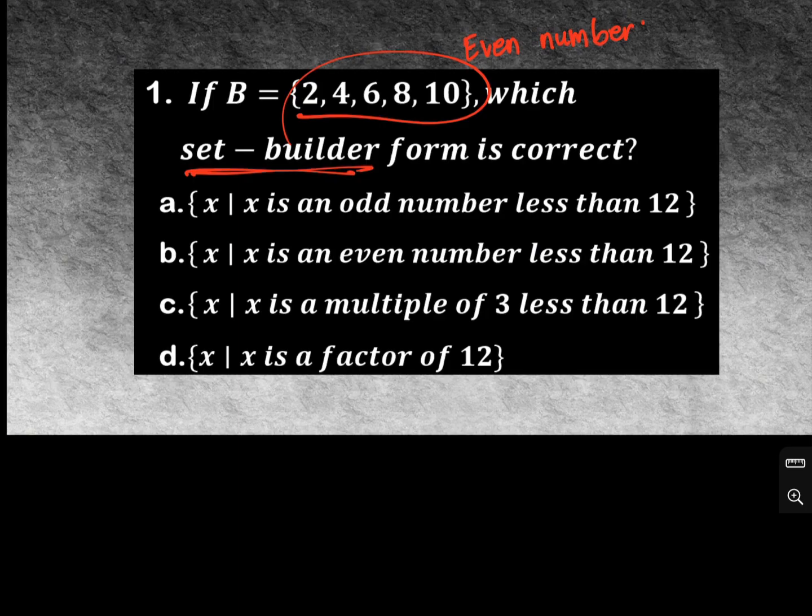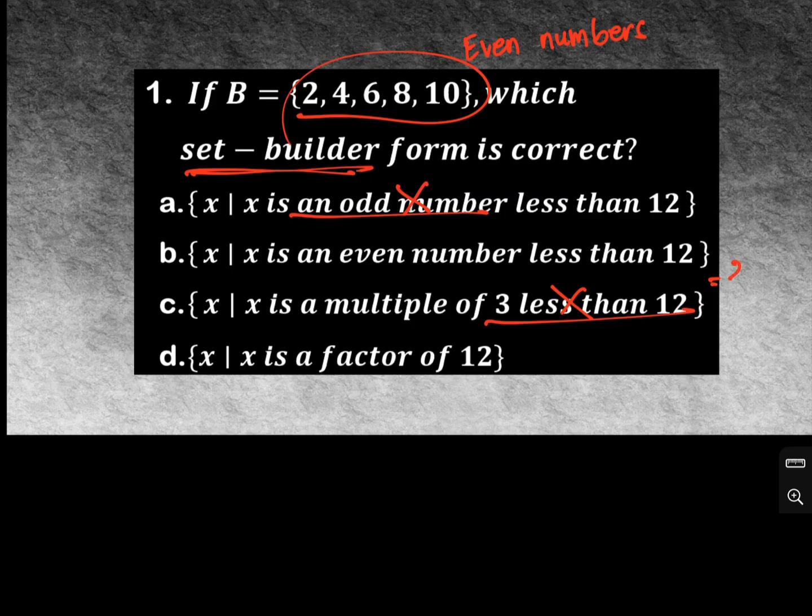We're going to transform this roster method into a set builder form. Looking at those numbers 2, 4, 6, 8, 10, they are even numbers, so we will find which description has even numbers that are less than 12. For A, x such that x is an odd number, it is not an odd number.